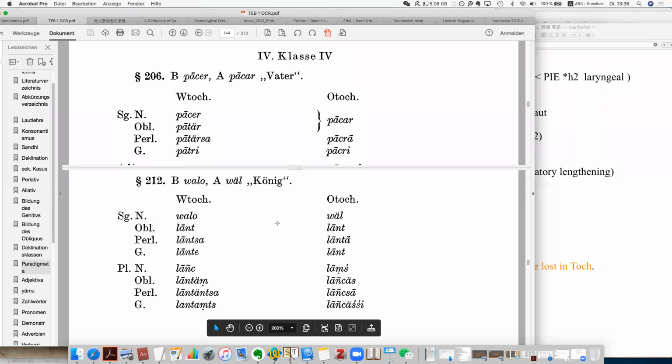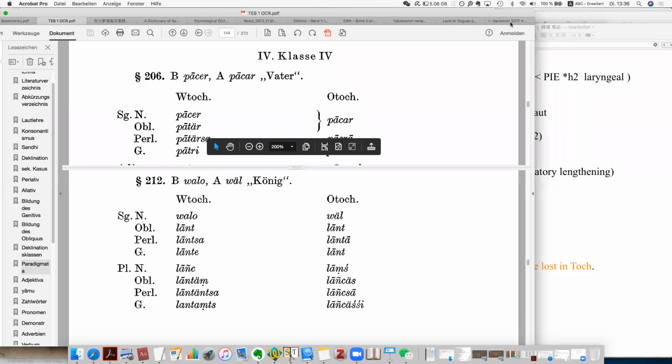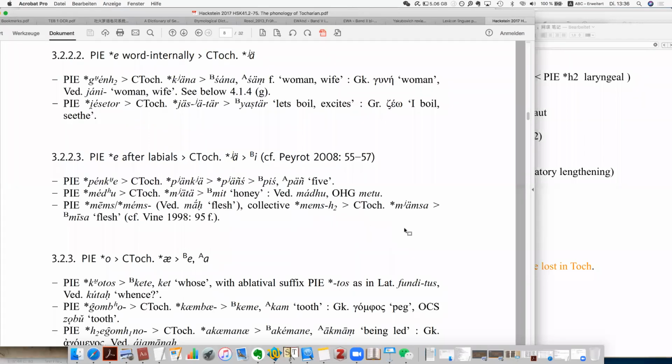So it looks like the nominative is so different from the other forms, and you probably get suspicious. Do they really belong together? Don't worry, we will explain it later. So now let's move on to some explanation of the sound changes.